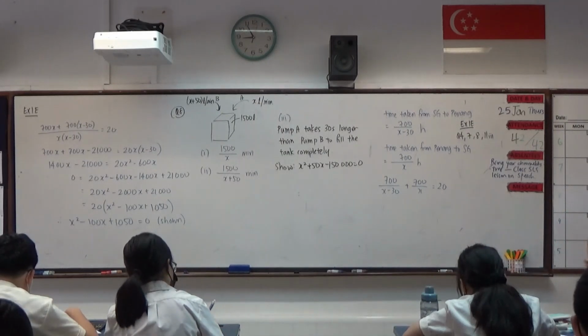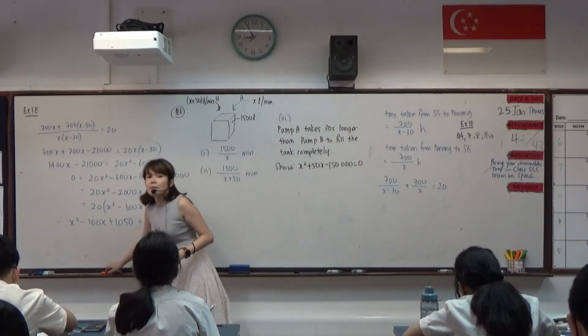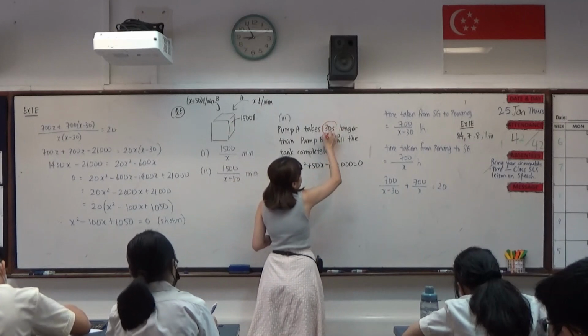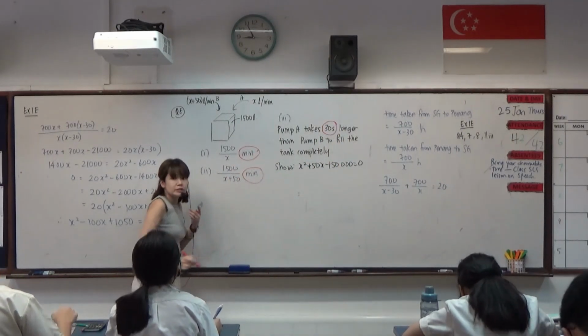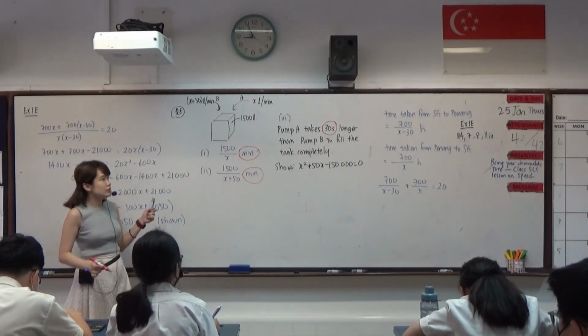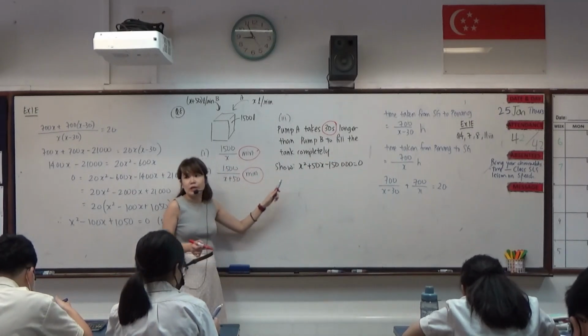Information given in this question about the units: 30 seconds. We must notice that this is in seconds, and what is it that we have over here? It is in minutes. So we need to be cautious about that. I'm not sure whether you did the unit conversion when forming the equation or not. That might be one reason why you're not getting the equation.